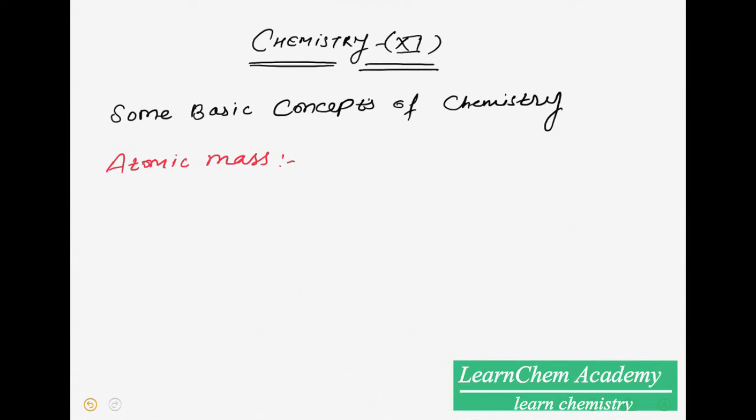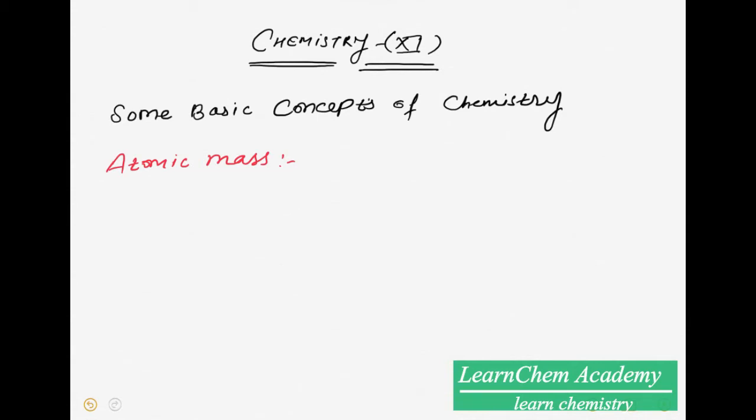Atomic mass is the mass of an atom. Further, the mass possessed by an atom is called atomic mass, and it is the sum of the masses of all its constituent particles.